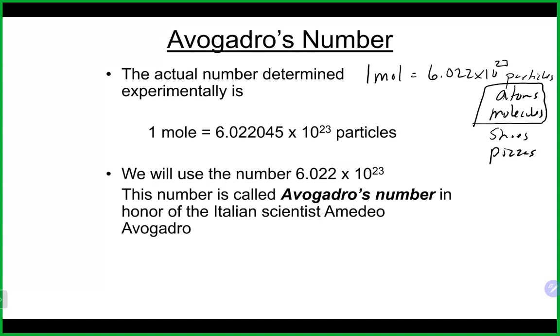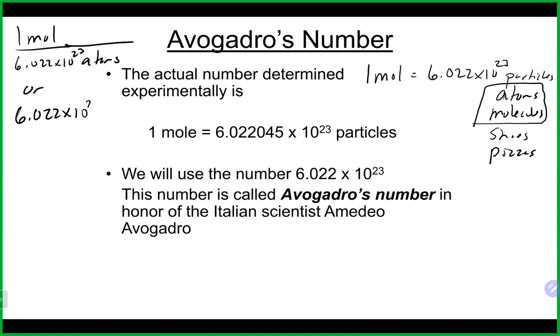We basically use Avogadro's number as a conversion factor. So we could write two conversion factors using Avogadro's number. We could say 1 mole of anything is basically 6.022 times 10 to the 23 atoms. Or just like any conversion factor, we could flip it around, use it the other way around, do a little dimensional analysis: 6.022 times 10 to the 23 atoms over a mole.